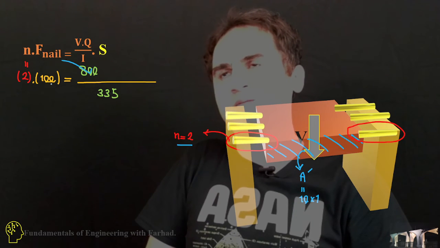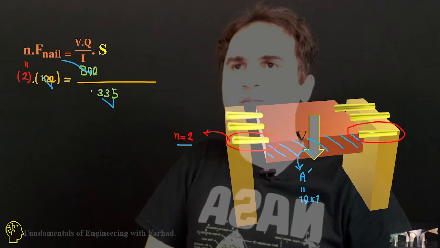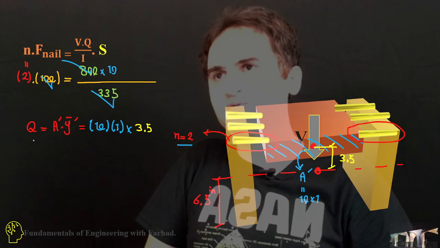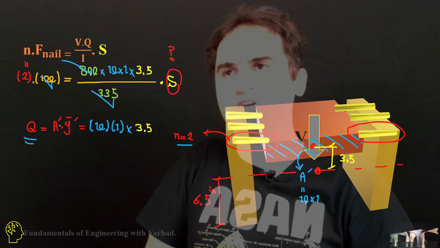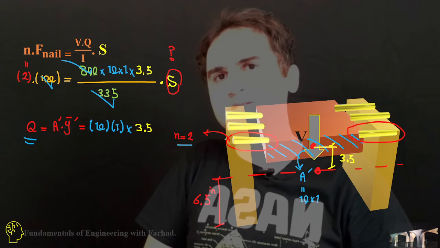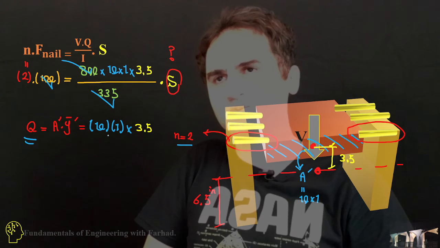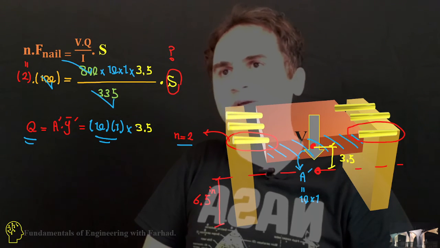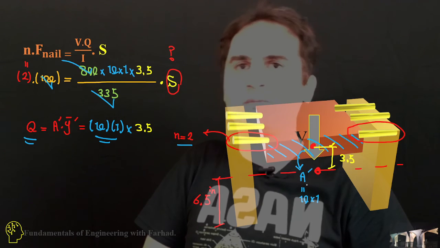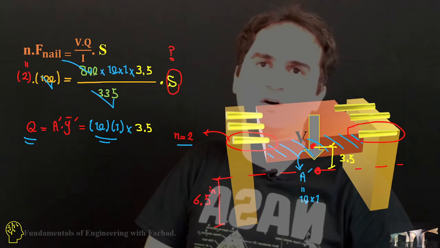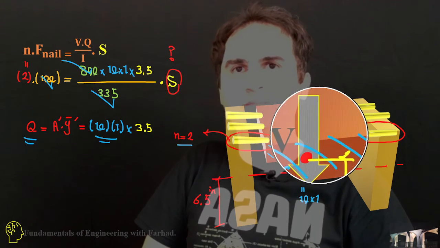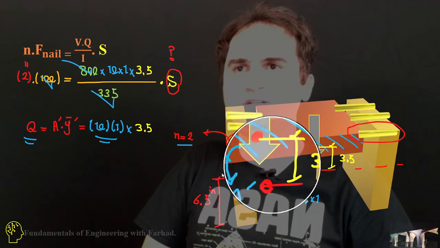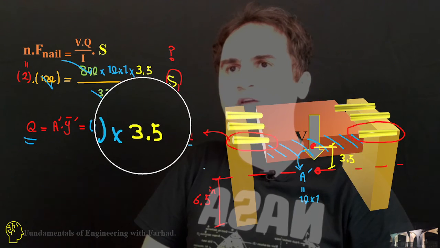Capacity of nails remains the same, moment of inertia for the entire system remains the same, but Q, the first moment of the area, is changing because A prime is for this part, which is also equal to the legs, but that's just by chance. Then times y bar prime, which is the distance of the centroid of the top part to the centroid of the entire system, which is 0.5 inches.